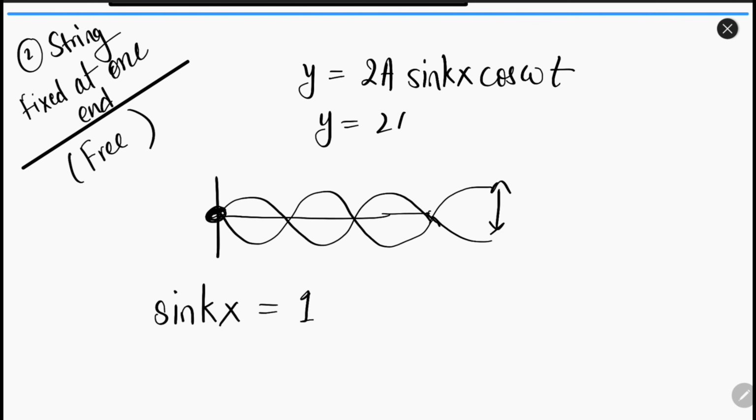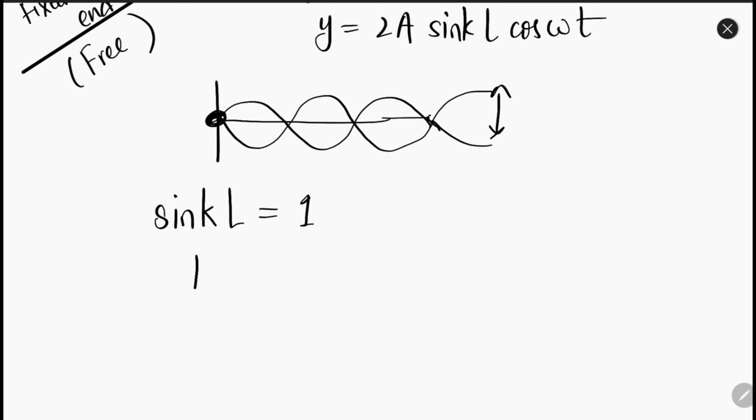So in this case we will have sine kx equal to 1, or at the place of x we can write sine kL, as the length of the string is L. So sin kL equal to plus minus 1. So kL equal to n plus half times pi, or you can also write it like 2n plus 1, or 2n minus 1, both are the same, only the n value changes.